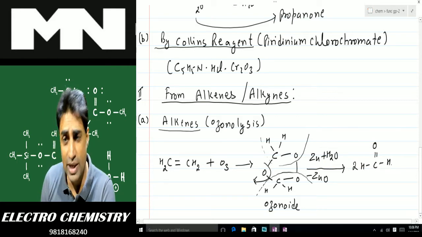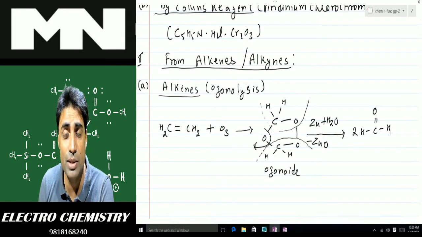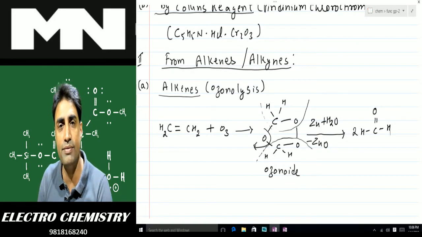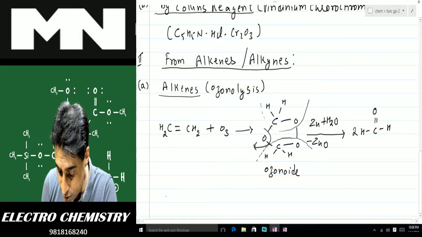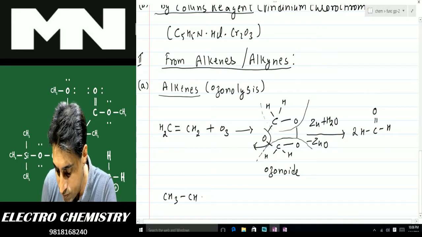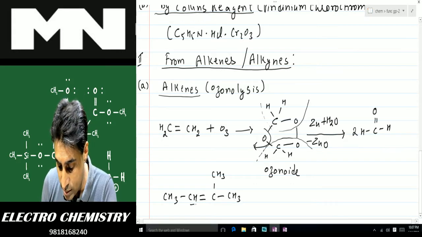If you want to prepare a ketone by this method, the only thing you have to keep in mind is that the carbon which is forming multiple bonds should not have any hydrogen with it. I give you one example for that also. Now suppose I have a compound CH3CH=C(CH3)CH3. Here you will see 2 carbon atoms involved in the double bond.